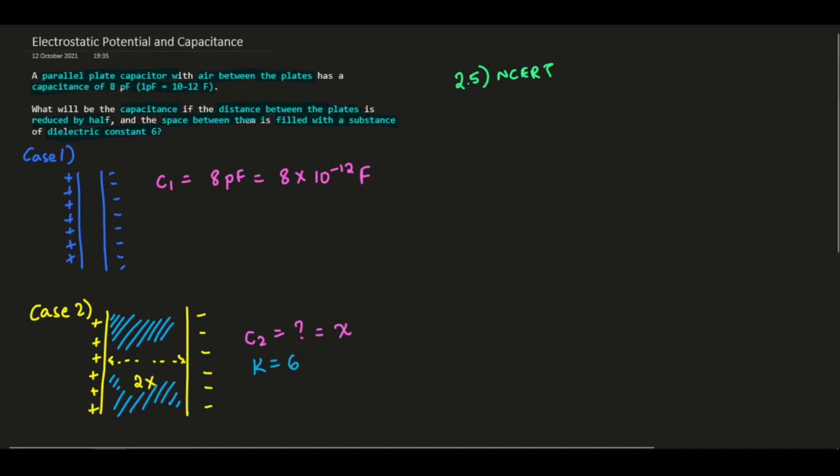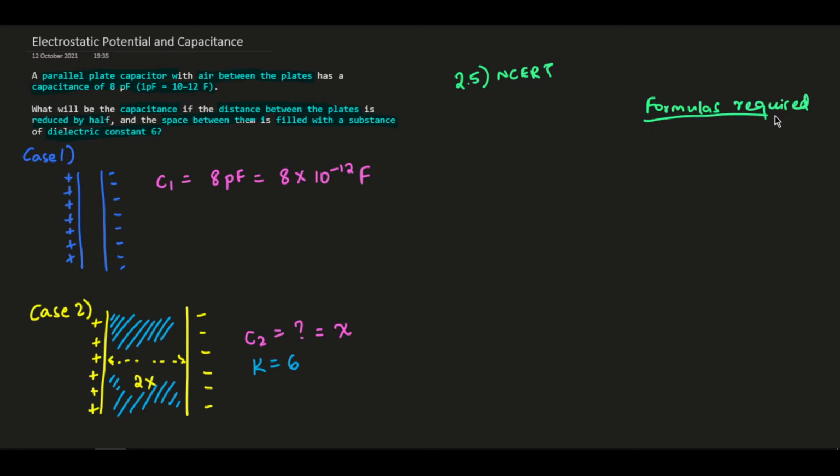Alright, so first of all, we need to understand the main formulas that go into answering this question. Let's note down the formulas required, because this will easily help us. Formulas required.